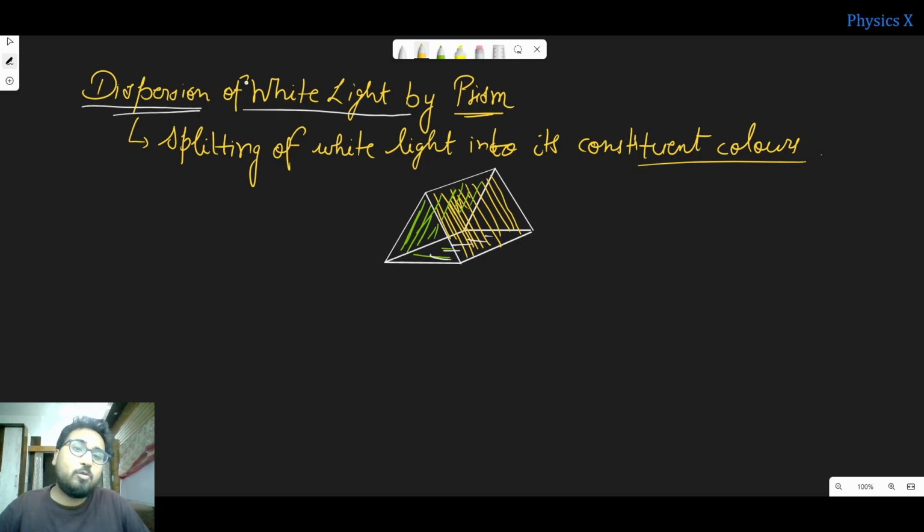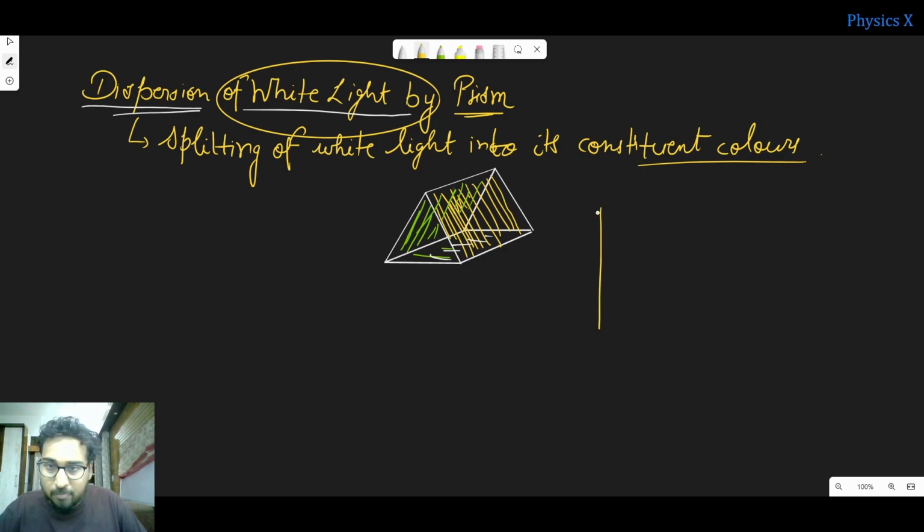White light is made up of seven different colors, which we write in this order. Please remember this order, because this is the order of dispersion when we pass a beam of light through this prism. So this is your order of white light.